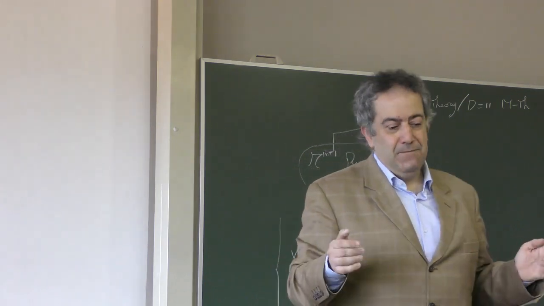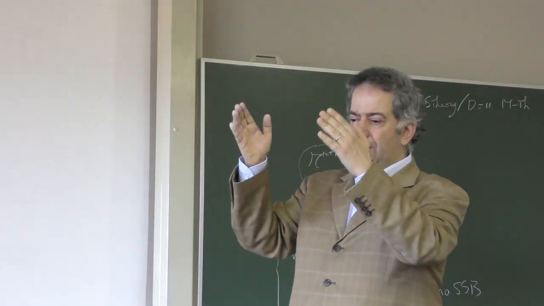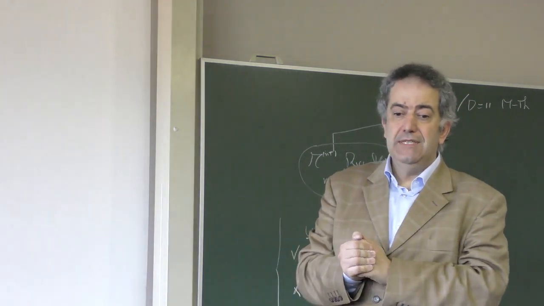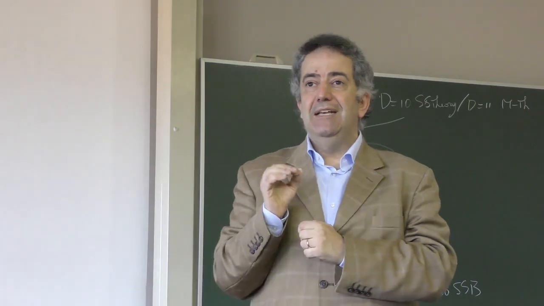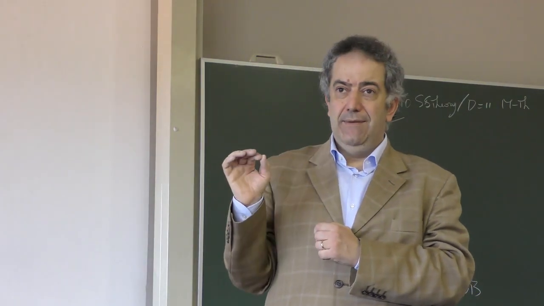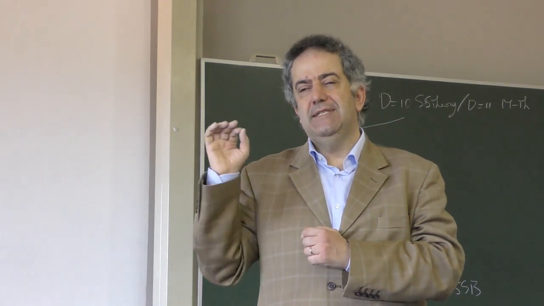So this is the picture. For instance, when you go from 10 to 4 dimensions, you have this characteristic group which is SO(n,n). Now the T-duality group is O(n,n), where n is 6, so the T-duality group is O(6,6).